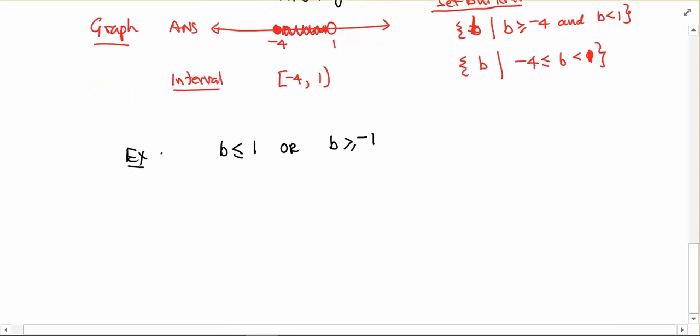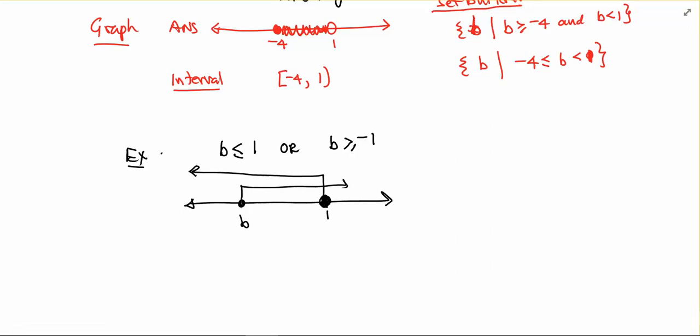OR, remember, is the two regions put together. If I were to draw this, here is the first one, here is 1, closed circle, goes that way, and here's the second one, closed circle at -1, goes that way.